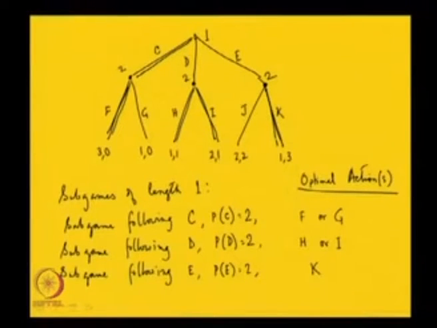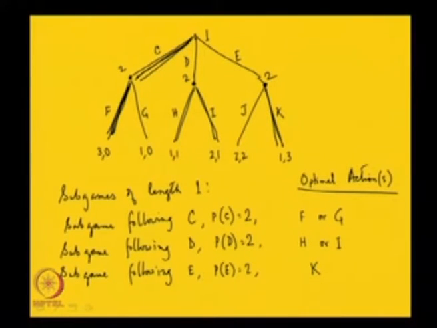He is saying that if the history is C, I will play F. If the history is D, I will play I. If the history is E, I will play K. And this equilibrium strategy profile is going to give me this terminal history, where player 1 is going to get 3 and player 2 is going to get 0.